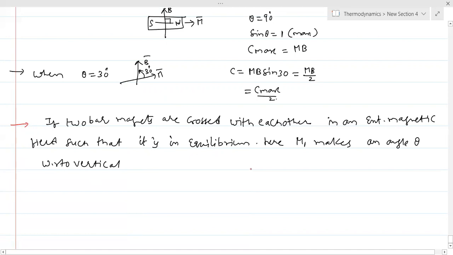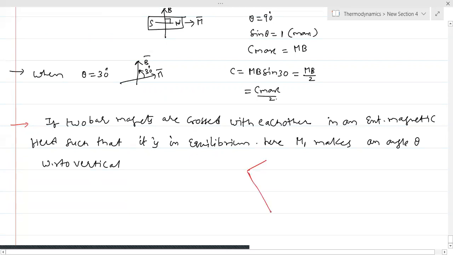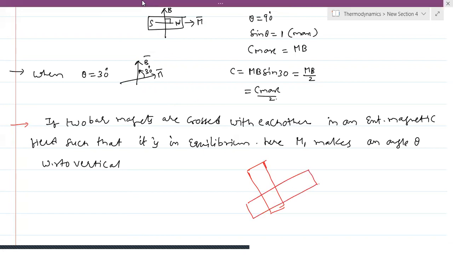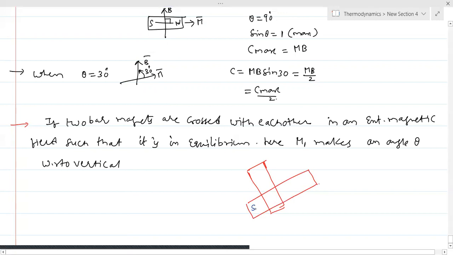So we need to understand this. We are taking two bar magnets. This is one bar magnet, and this is another bar magnet. Let us say this is S2 and this is N2.